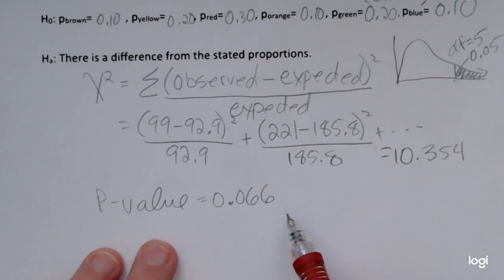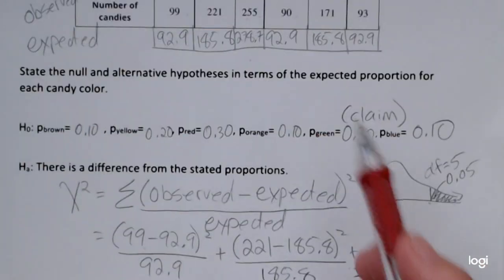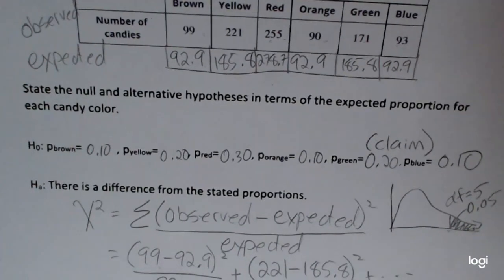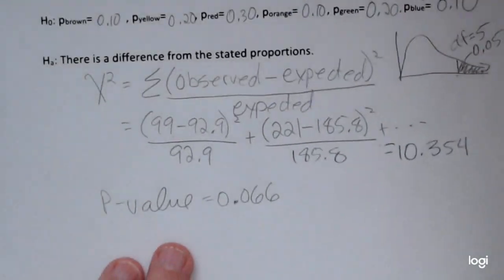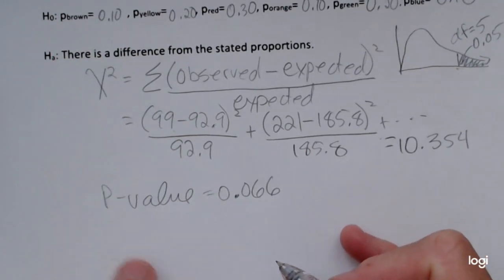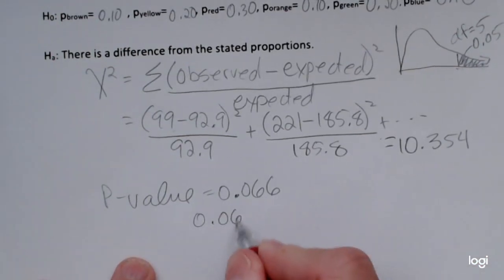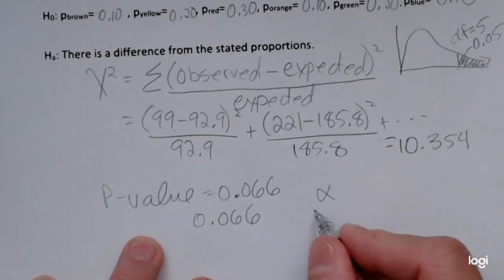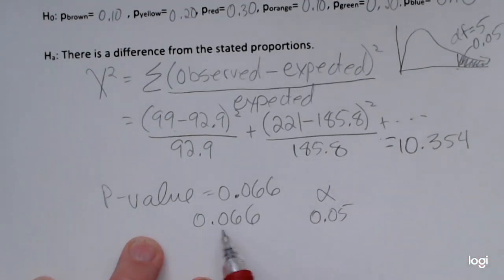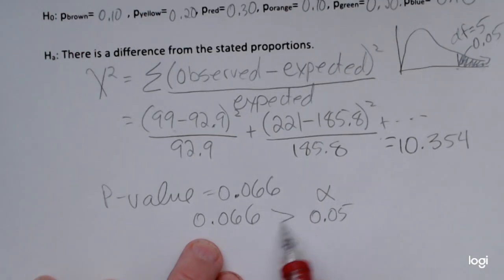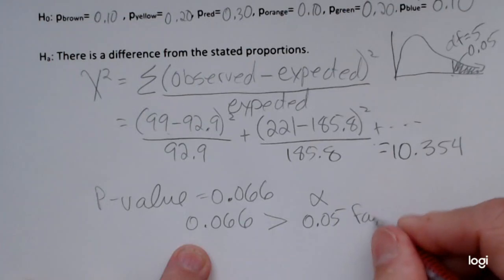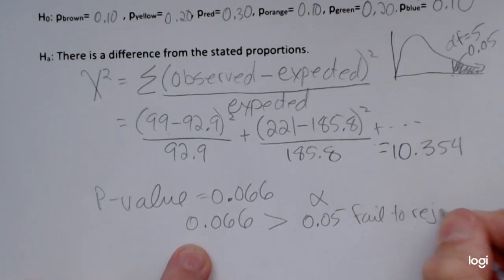Now, to use the p-value method, I'm going to compare it to the level of significance, and that was given to be 0.05 in this case. So I have my p-value, and I'm comparing it to alpha. My alpha was 0.05. This is greater than 0.05, so the decision will be to fail to reject. We're going to fail to reject the null.